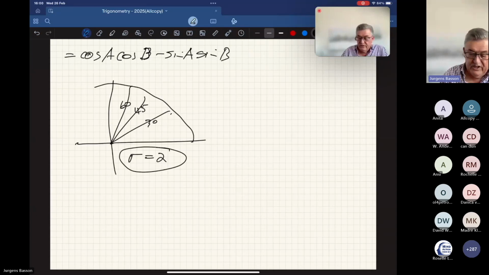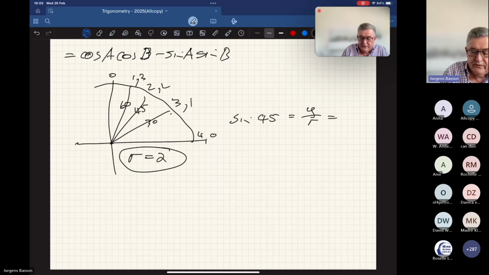So if I, for instance, ask you what is the sine of 45, then you will say it's y over r. And y for 45, if you go 0, 1, 2, 3, 4, 0, 1, 2, 3, and 4, for 45, it's square root 2 and square root 2. So y is square root 2 and r is 2. So I hope I answered that question.